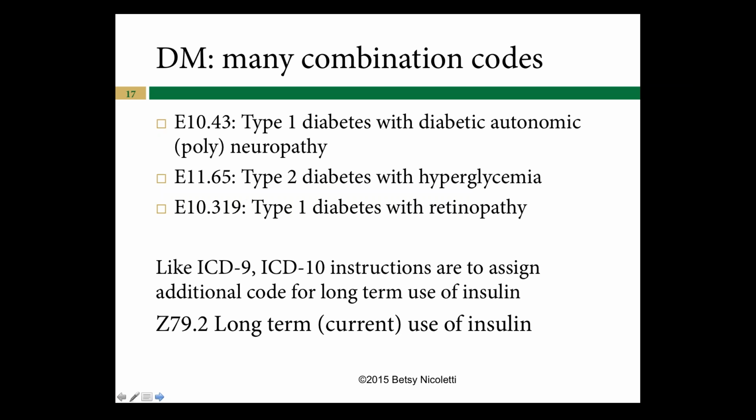When I first started looking at these codes, the thing that came to my mind was, I don't think I'm going to be able to memorize very many of these. Now, like in ICD-9, ICD-10 has an instruction for us which is to assign an additional code for current long-term use of insulin. And in ICD-10, that is a Z code, Z79.2.